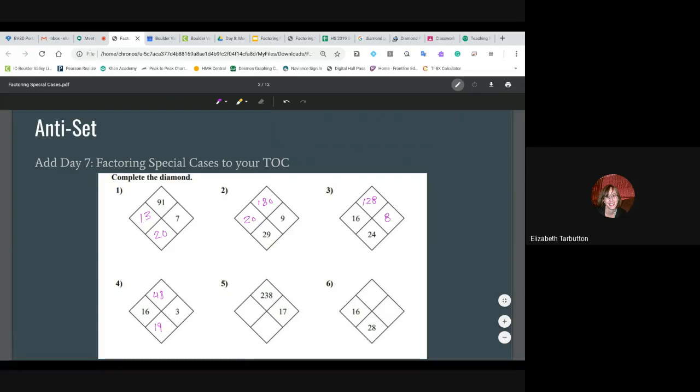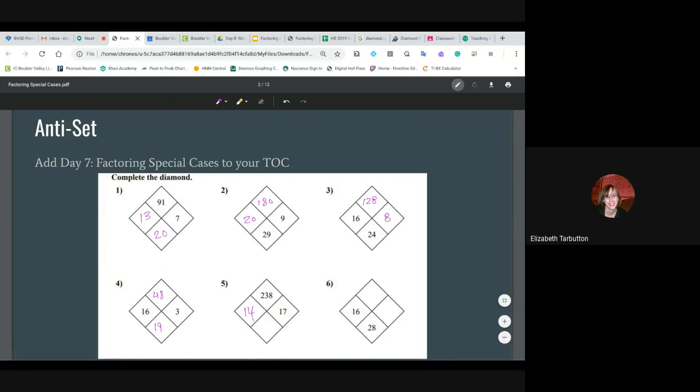Then on this next one, 238 comes from 17 times something. I'm doing the math over here on my whiteboard. And that's going to be a 14.